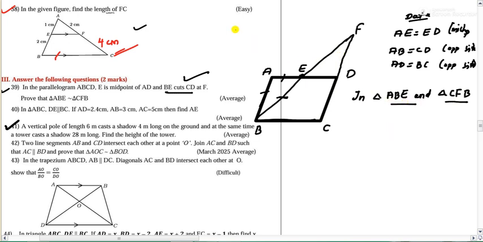To prove them similar, you have to use either SSS or AA or SAS. Which can you use? Just by common sense, can we use SSS, side, side, side? Have they given any data that three sides are proportional? No. So you cannot use SSS.